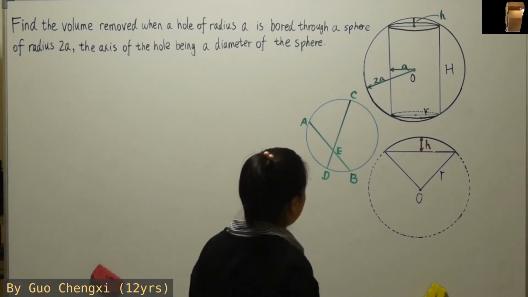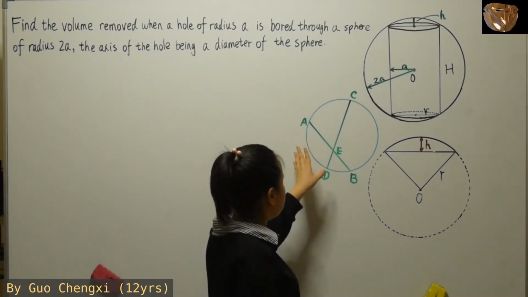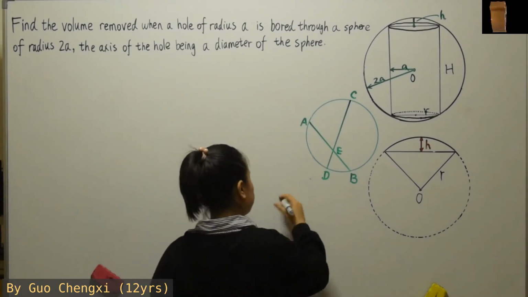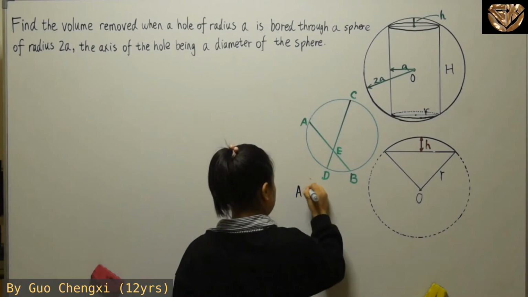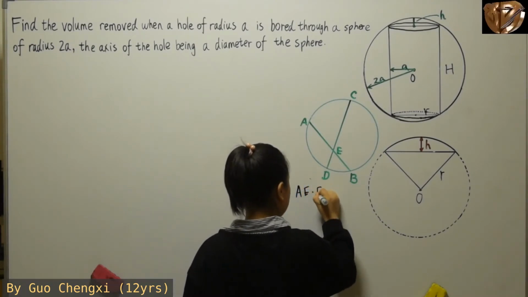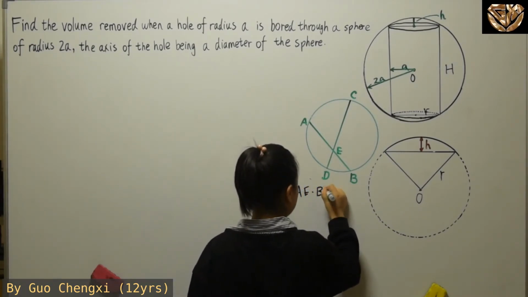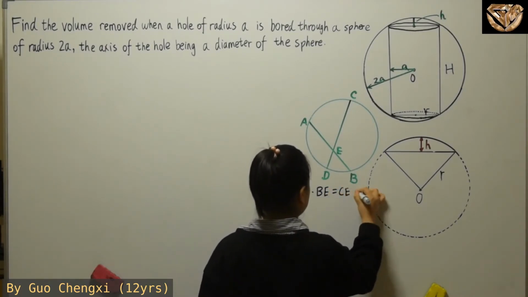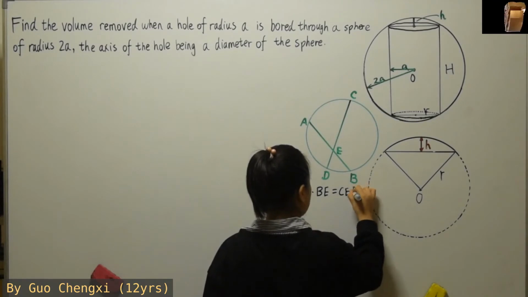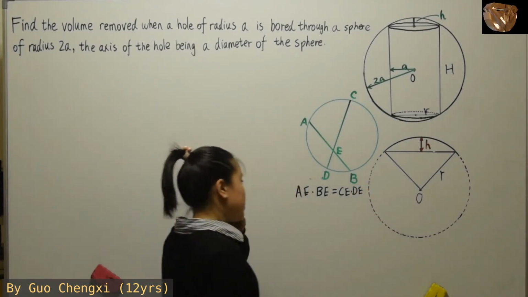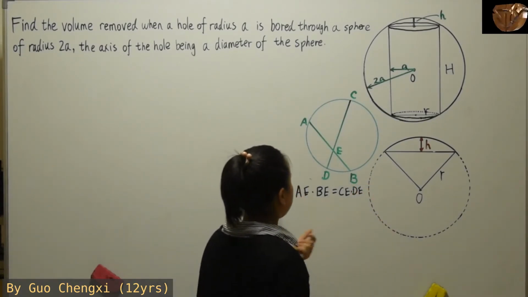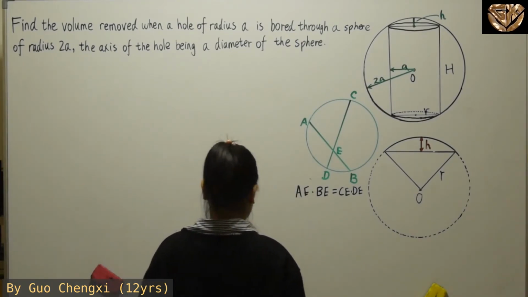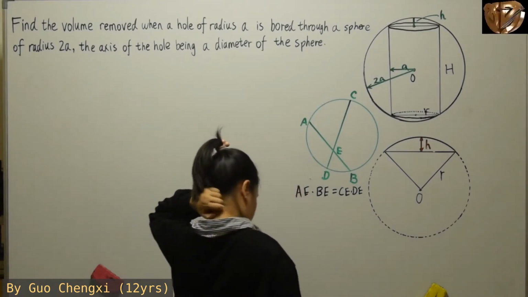For this part, the theorem is basically AE times BE is equal to CE times DE. Which one you put first doesn't actually matter, okay?